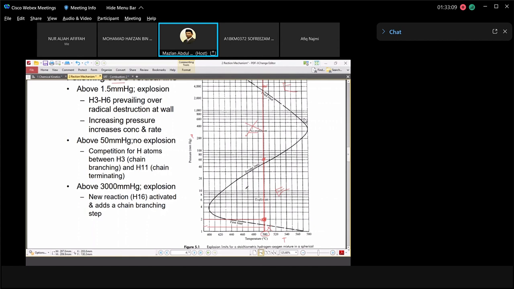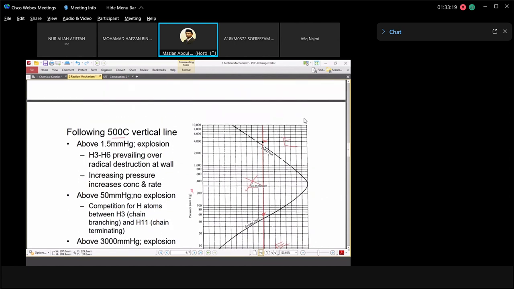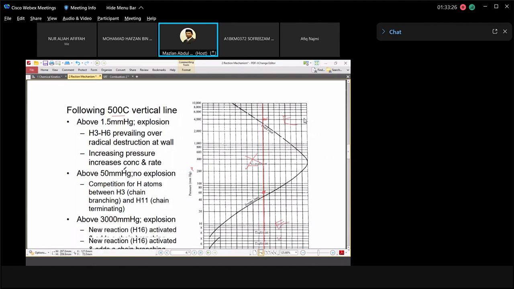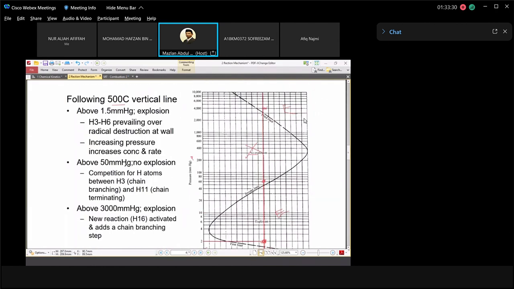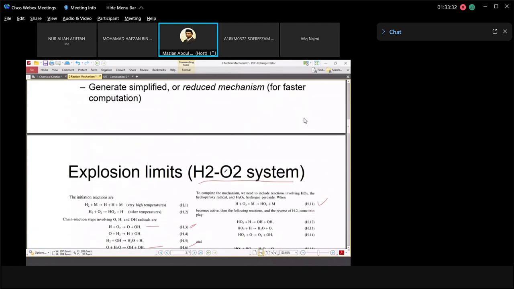In this case, it is the example of hydrogen. A new reaction is activated and adds a chain branching step. When you add a chain branching step, it may explode again.